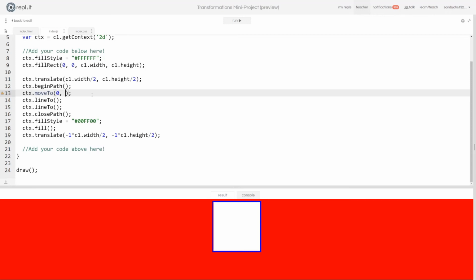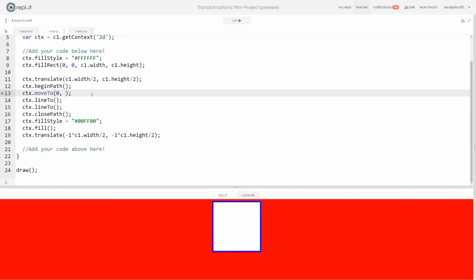And now we want to go up by 20 times the square root of 3 minus 20 divided by the square root of 3. Now, we need to know here that to go up in the y, you have to go negative, right? Because in canvas, as you increase your y, you go down.